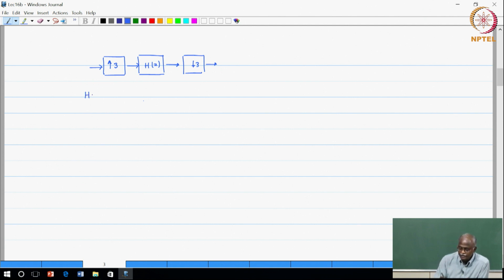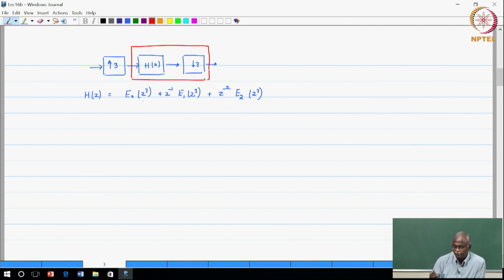And I suggest that we do a polyphase decomposition of H of z: E0 of z cubed plus z inverse E1 of z cubed plus z minus 2 E2 of z cubed. Just as a suggestion, do the polyphase decomposition for the downsampler, because for the upsampler you would have done type 2 polyphase decomposition. So this is a type 1 polyphase decomposition for the downsampler.